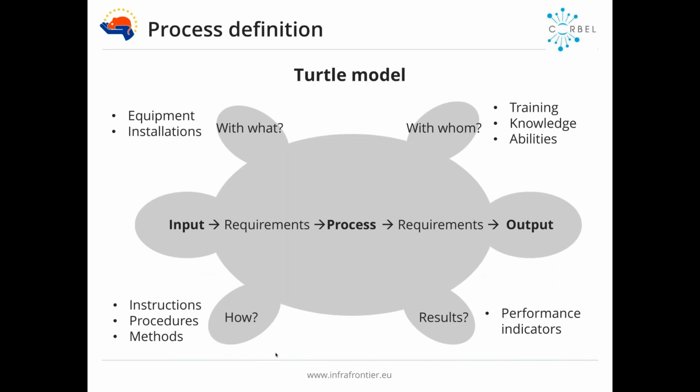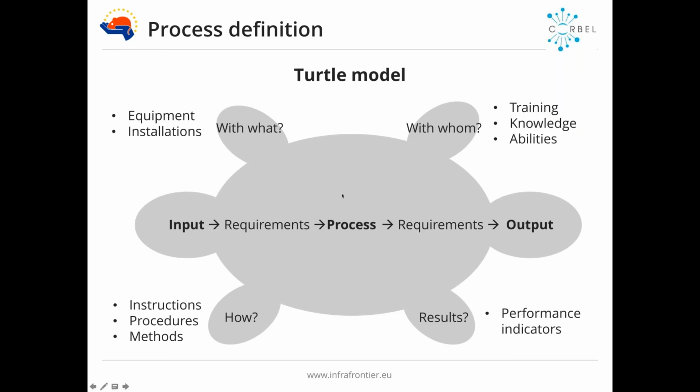What can help you then in formulating these processes is the so-called turtle model, where we have the process in the middle, you have an input and you have the output, and then you have certain questions that help you to define the process.